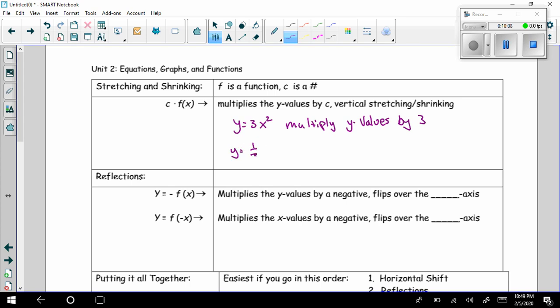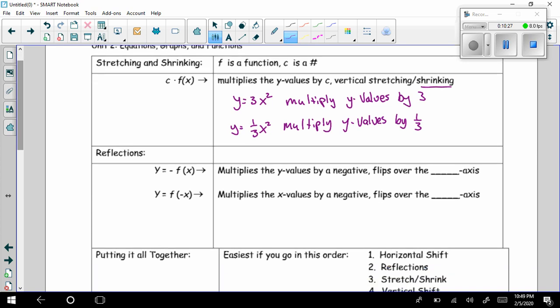Whereas if you have y equals 1/3 x squared, you're going to multiply the y values by 1/3, and so it will go slower, and it will shrink your function and keep it from going up as quickly.